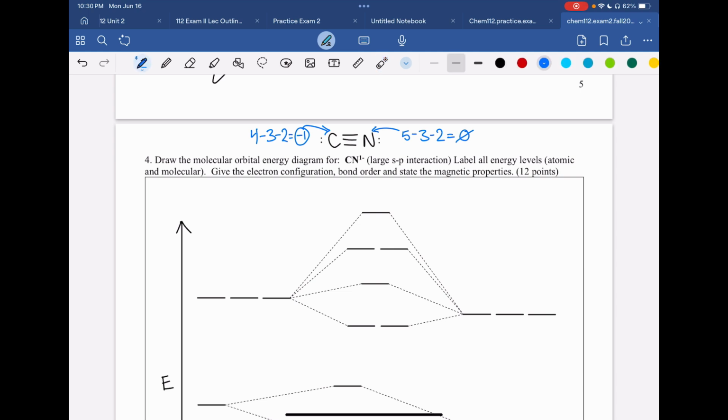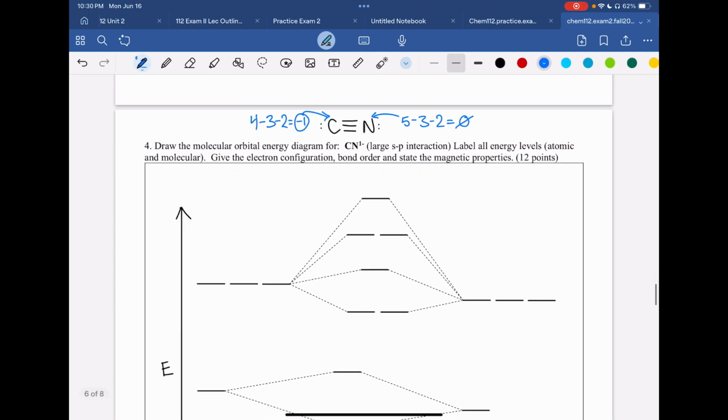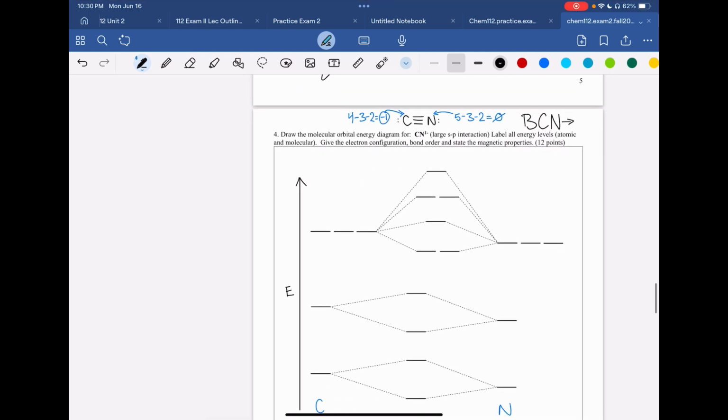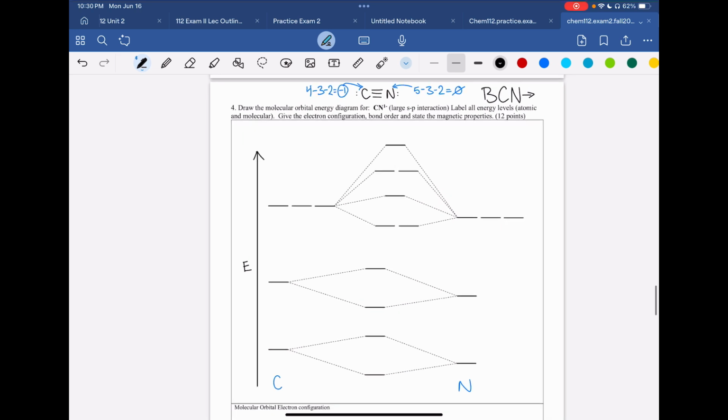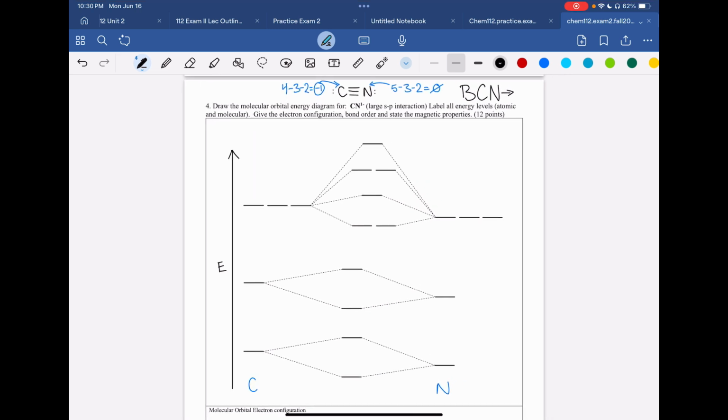Okay. So I want to point out a few things first. I'm going to refer to BACON. Probably heard of BACON. I'm going to say it, but just keep BACON in the back of your head, okay? So this is the skeleton of carbon and nitrogen, okay?